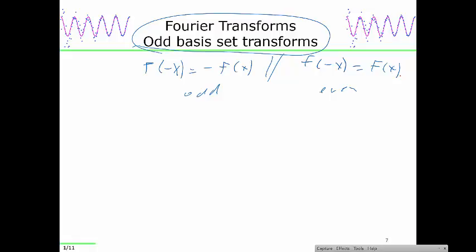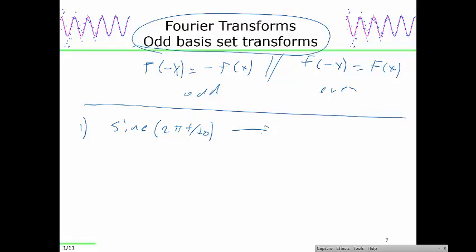Okay, odd basis set transforms. We're going to go through three. I'm going to spell them all out for you first, and then work them through explicitly. So the first one is sine to an odd double delta, indicated by delta delta minus with a characteristic frequency f0.